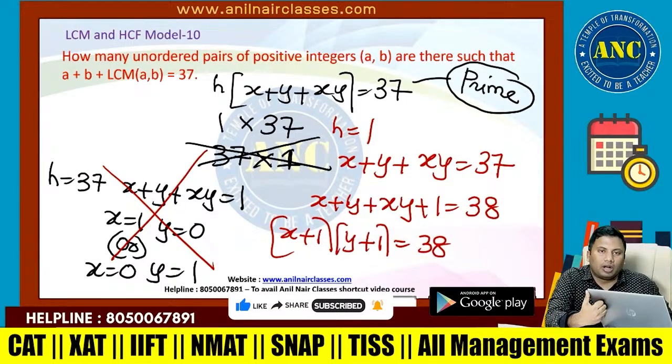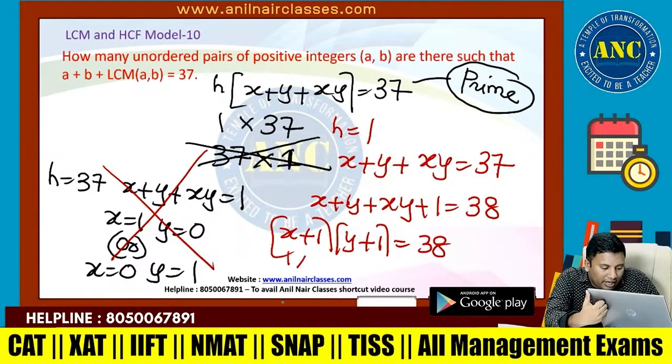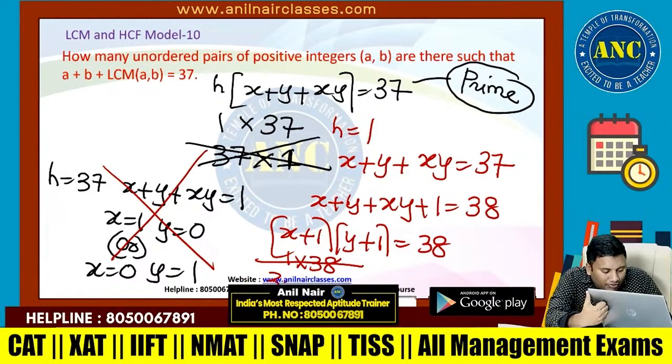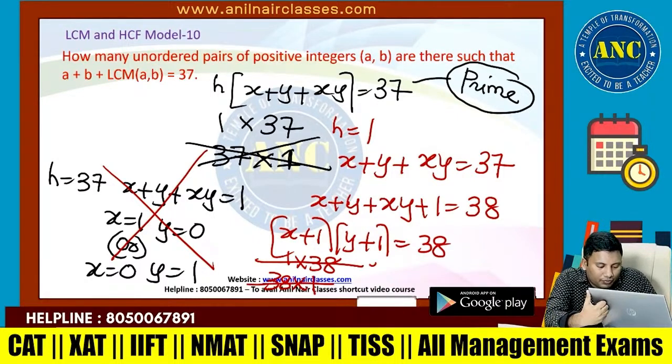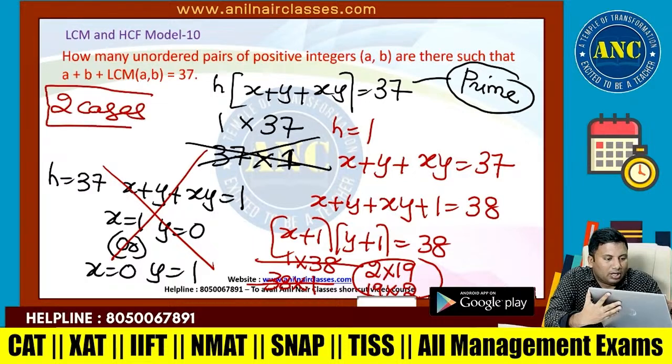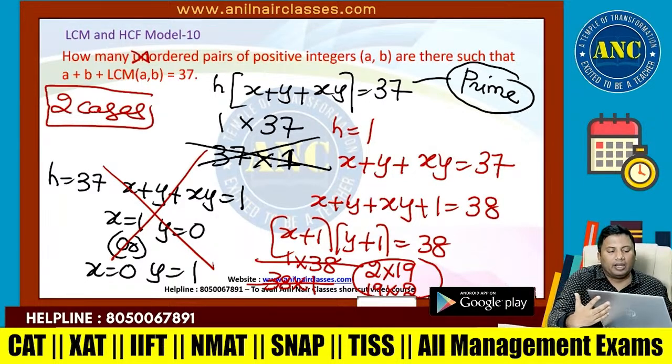I am adding 1 on both sides. 1 into 38 is not possible, since X will be 0. Likewise 38 into 1, Y will be 0. 2 into 19 and 19 into 2. Two cases are possible under an ordered pair, not under an unordered pair.